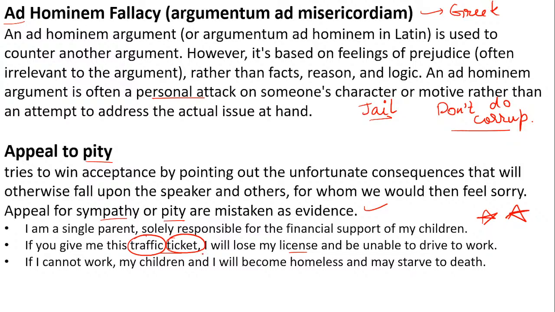He should drive properly. So instead of addressing that, he is trying to gain sympathy from the traffic police. He's saying, I am a single parent, I am responsible for my children, and if you give me this ticket, I will lose my job, and my kids and I will not have food to eat, and I will become homeless. Okay, so this is appeal to pity, right?